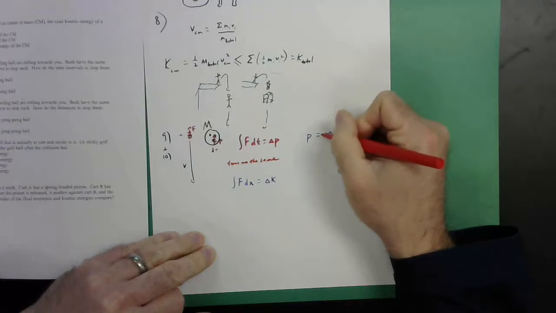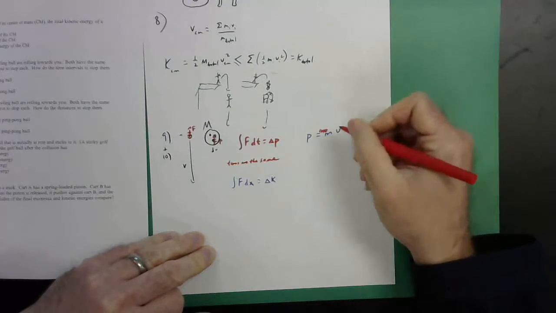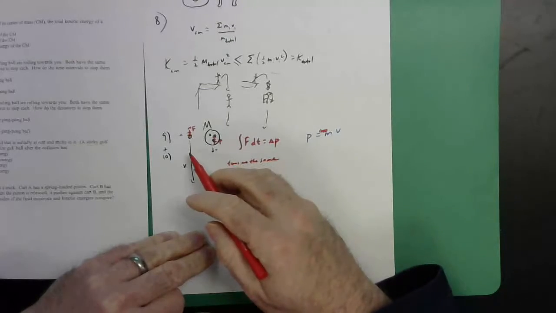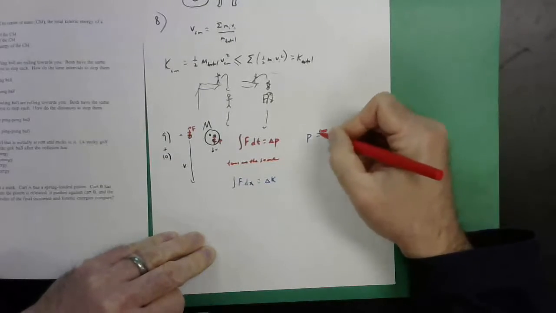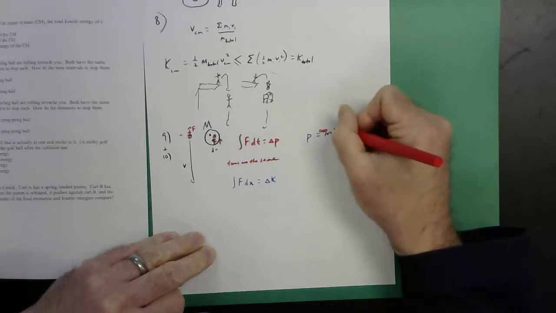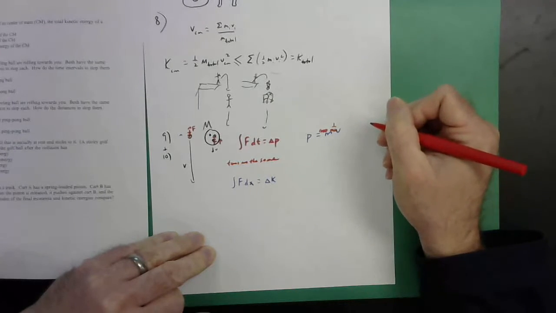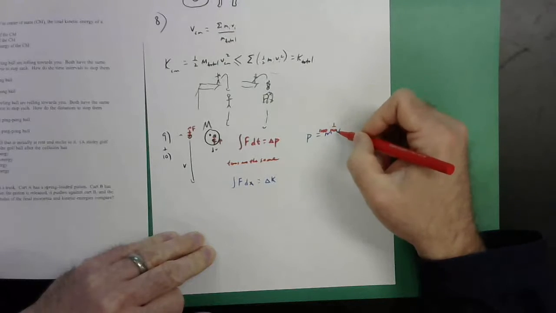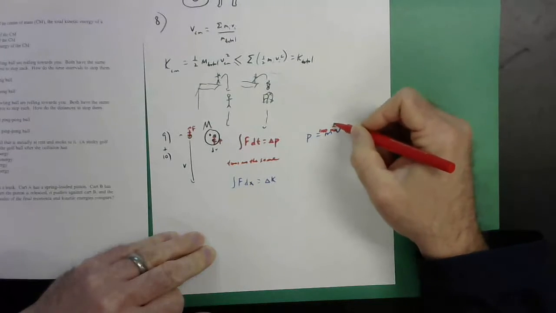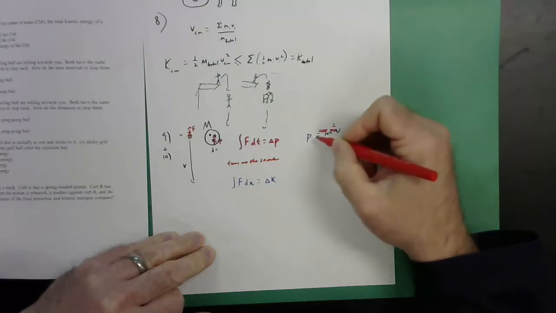Let's just say the mass of the bowling ball is 1,000 times the mass of the ping pong ball. Then its velocity, to have the same momentum, would be 1/1000th. Do you see what I'm saying? The bowling ball has 1,000 times the mass of the ping pong ball, so it would have to have 1/1000th the velocity to get the same p.